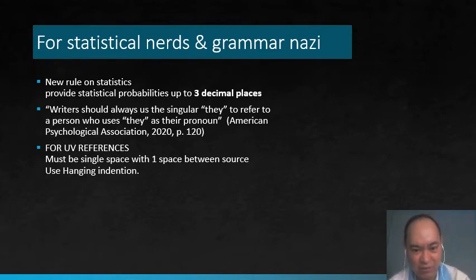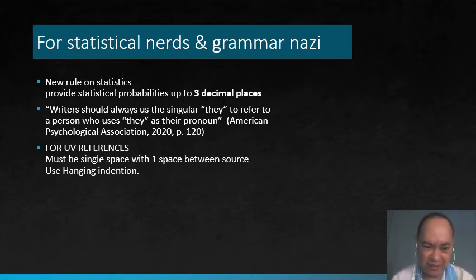Writers should always use the singular pronoun "they". And another point of contention is that authors are required to use gender-neutral language. They should avoid using he, she, the disabled child. Those words are not allowed in APA. We should be more neutral in our language.